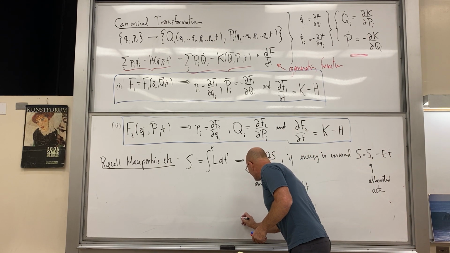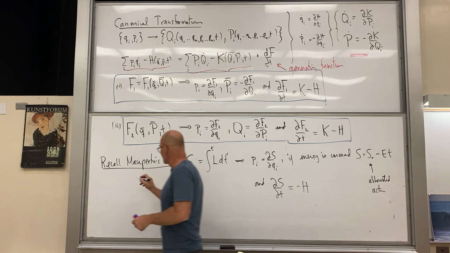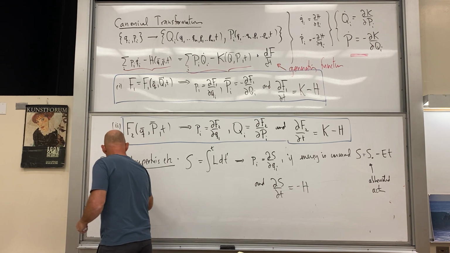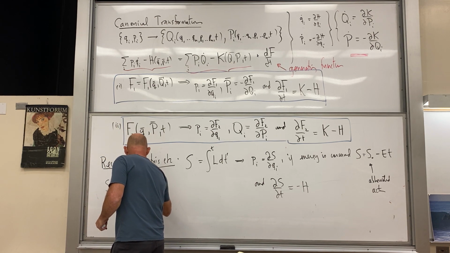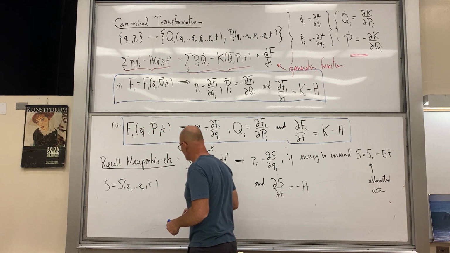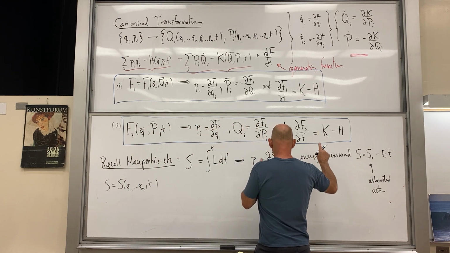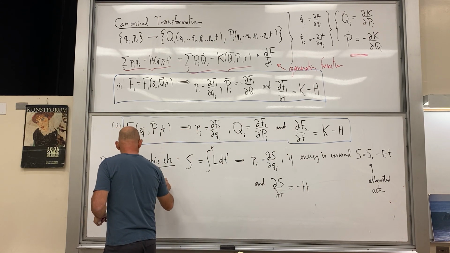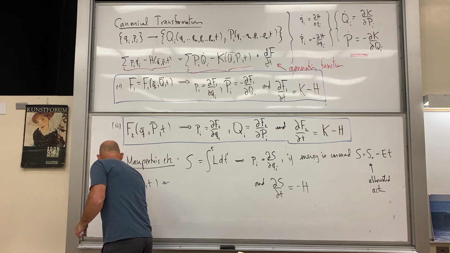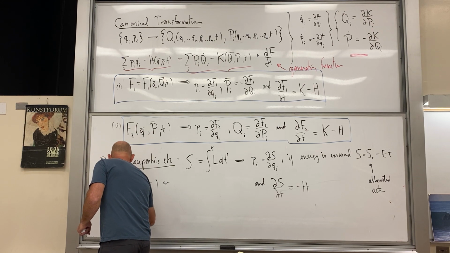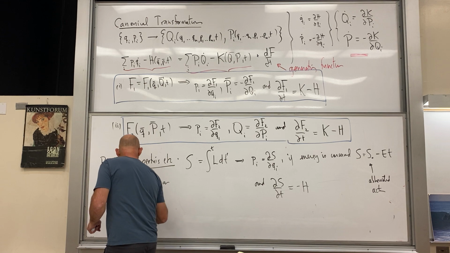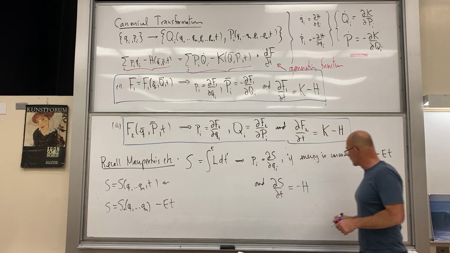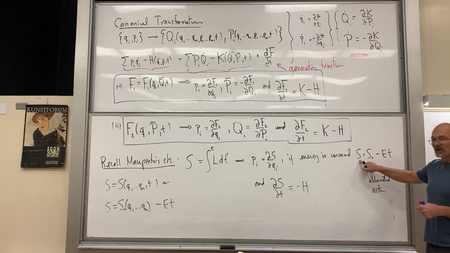So we had all of these relations. And what we're looking at then is S as a function of q1 to qn and T that satisfies this equation right here, or S equals S naught of q1 to qn minus E times T if the energy is conserved because of this abbreviated action relation.